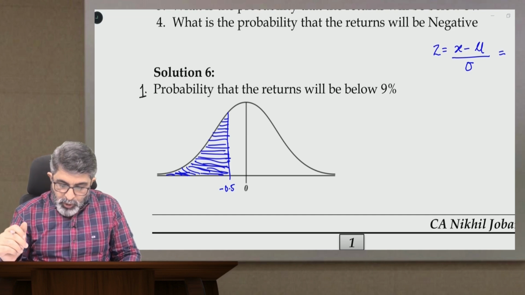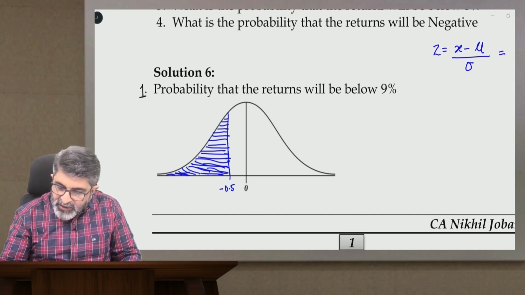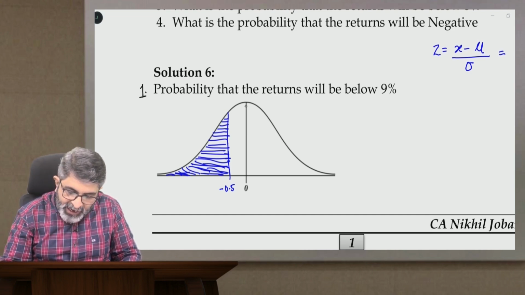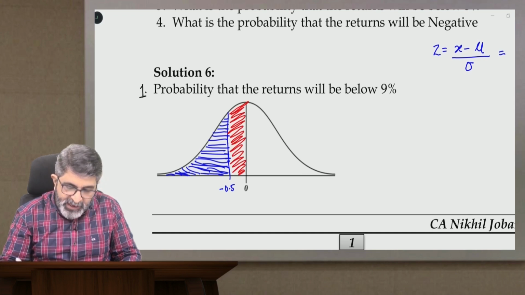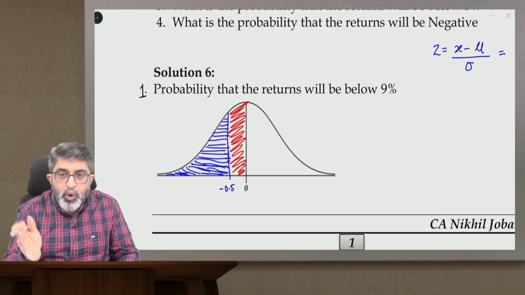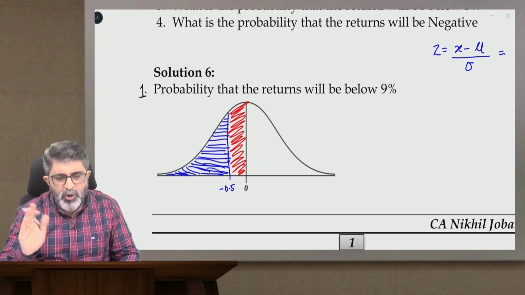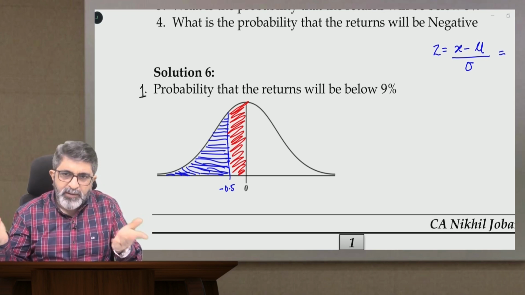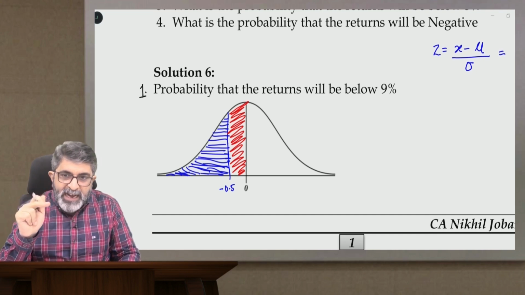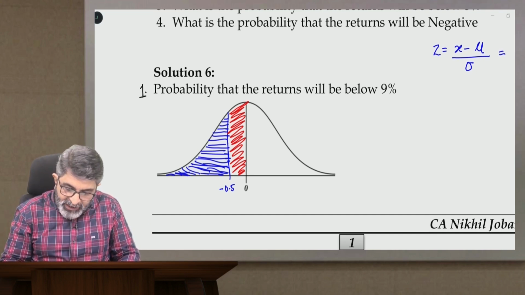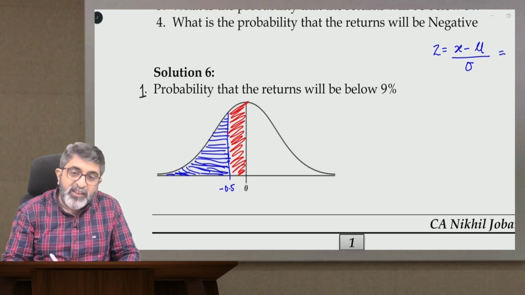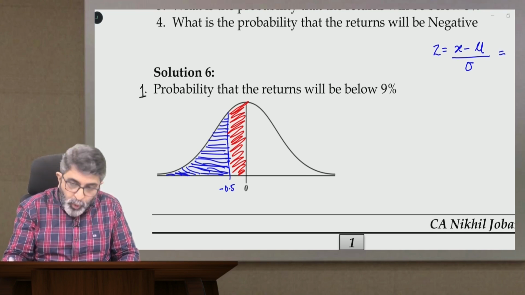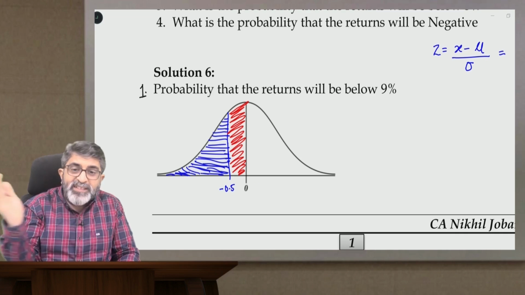Now I can do one thing. I can refer to the z table and identify this red color area, which will be the area from 0 to negative 0.5 or positive 0.5, anything. Once you get that area, we also know the area from 0 to the extreme left, that is the whole area below 0, correct?